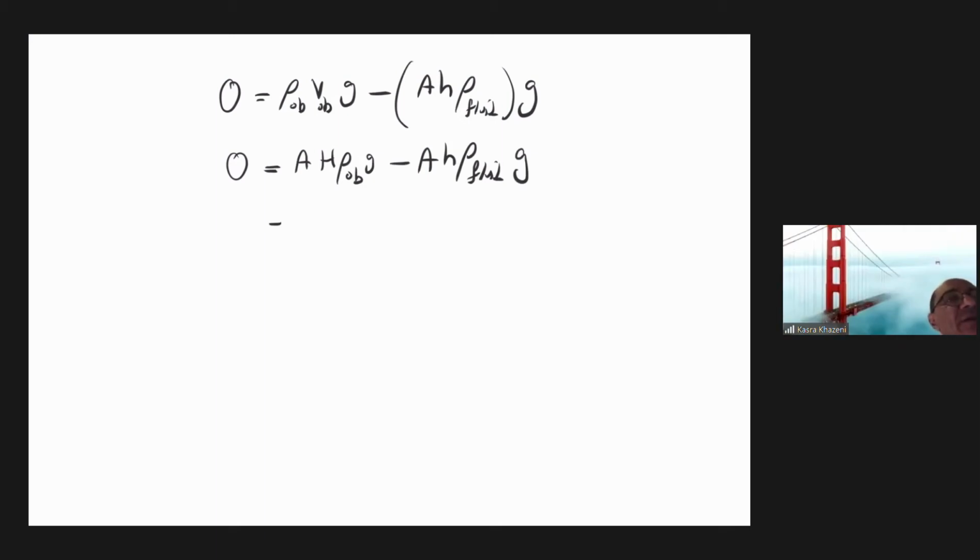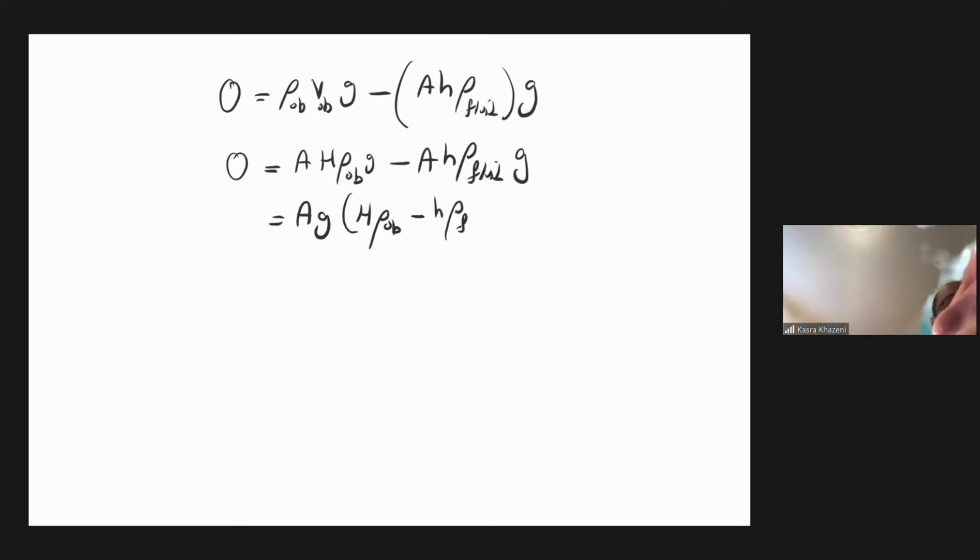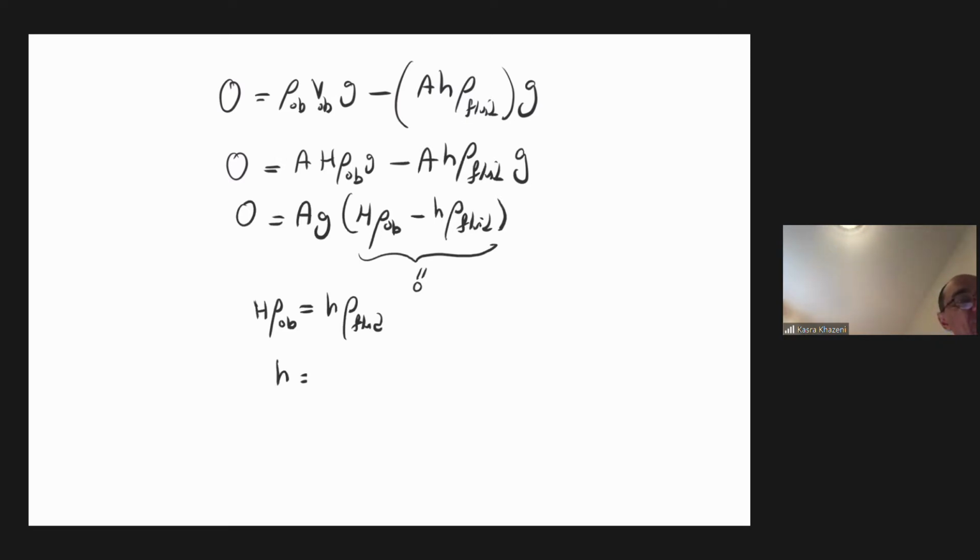Now I can factor out A g and write capital H rho of the object minus little h rho of the fluid, and that's equal to 0. That means this thing has to be equal to 0 because area is not 0 and g is not 0. So capital H rho of the object has to be equal to little h rho of the fluid, and then we can calculate little h from this.